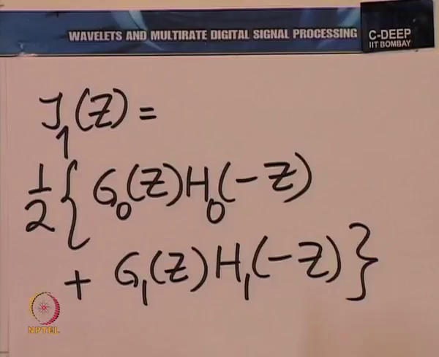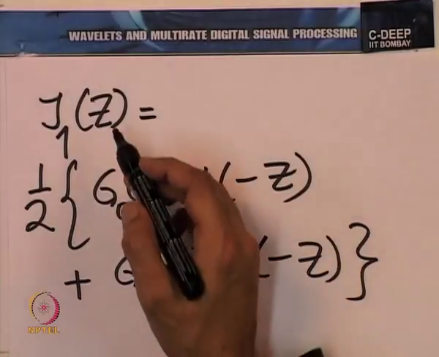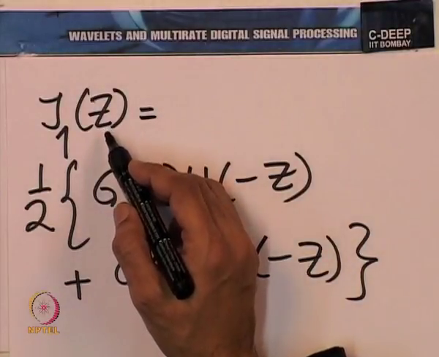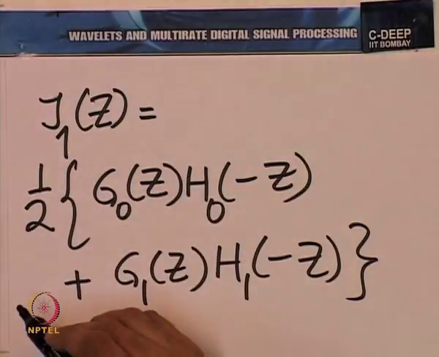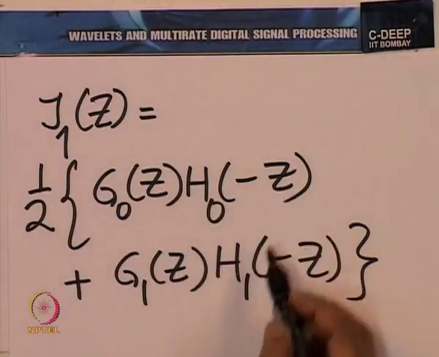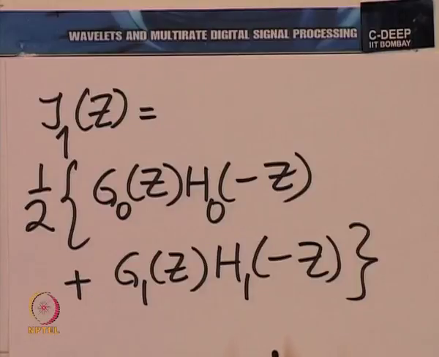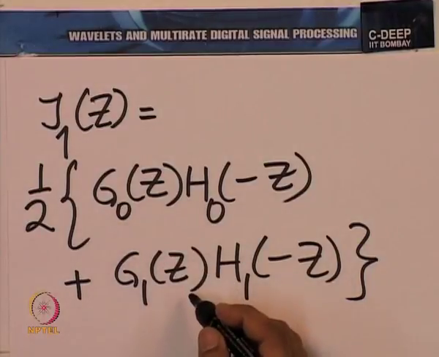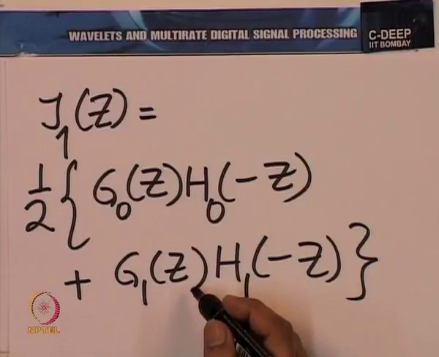Now, it should be noted that in tau1(z), which is what multiplies X(-z), you involve H0 of -z and H1 of -z. So, you never involve G0(-z) or G1(-z). The z replacement by -z is only for the analysis side.